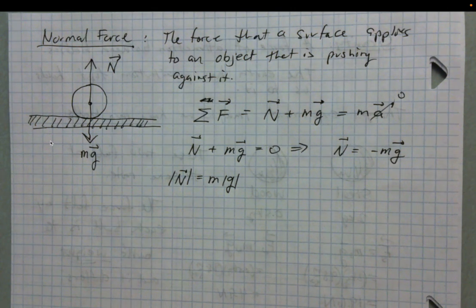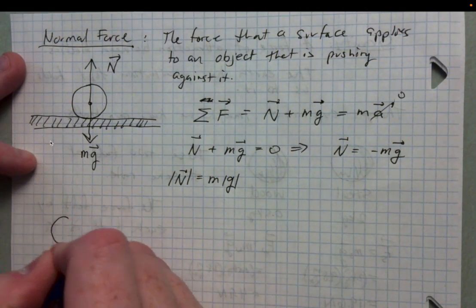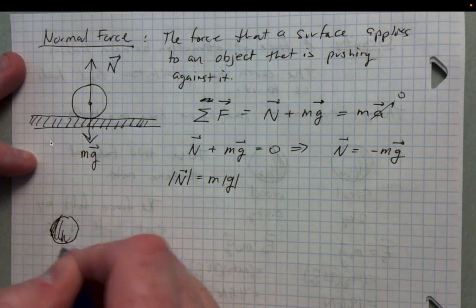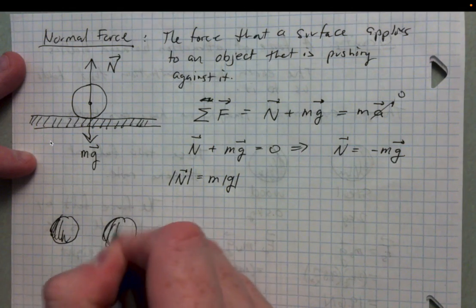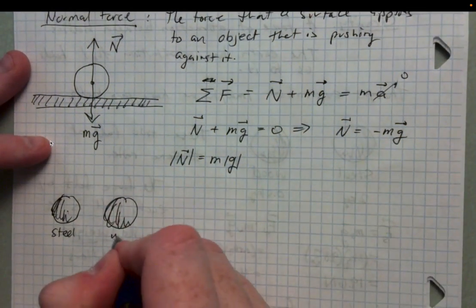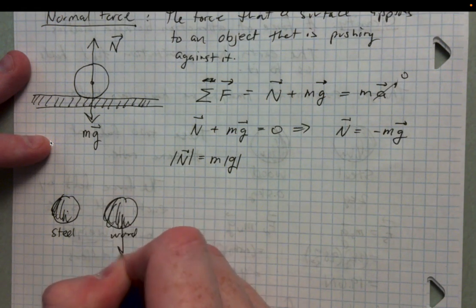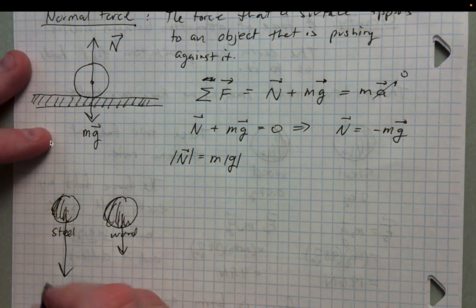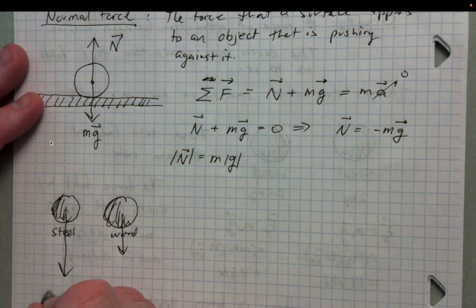Okay, so basically the normal force will match the force that gravity exerts on a body. So in the case of our two balls, I've got a steel one and a wooden one. They both feel a force. The steel ball has a larger gravitational force, 19.6 newtons.